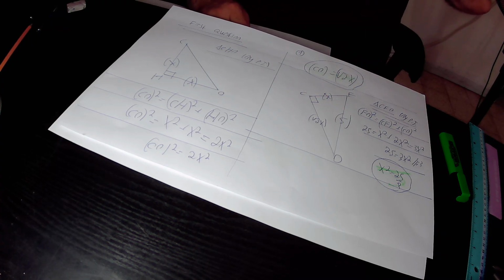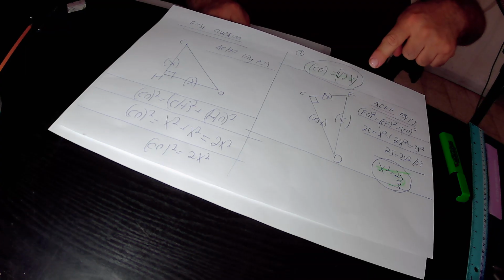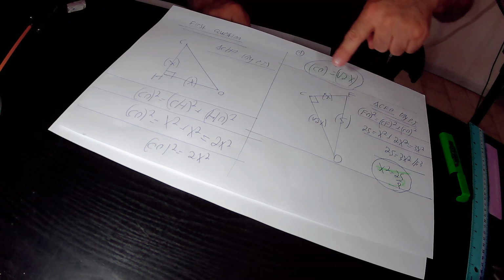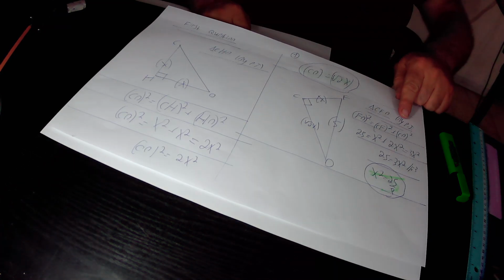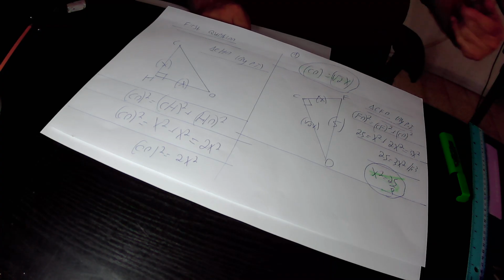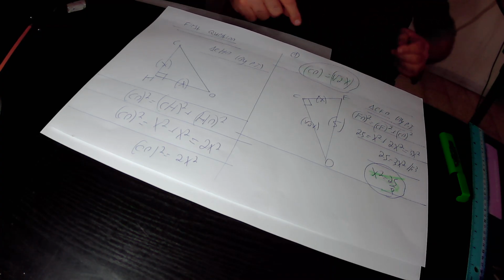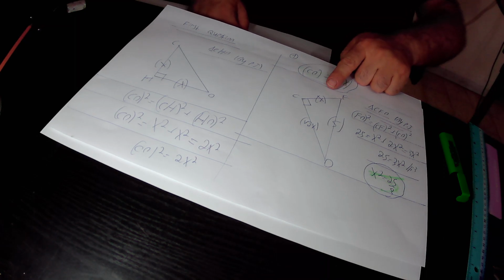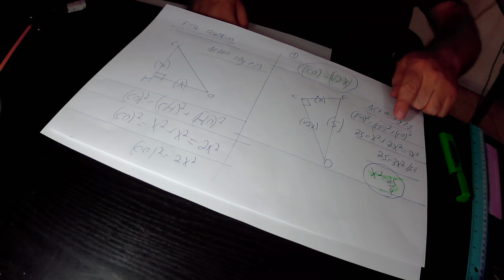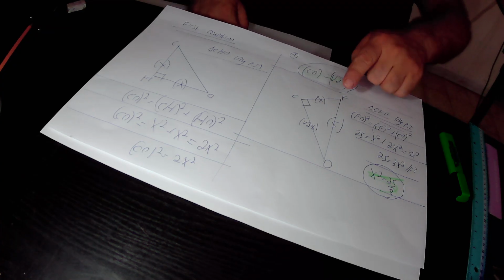According to the Pythagoras theorem, in this right triangle CFO, FO square equals CF square plus CO square. So FO is 5, therefore FO square is 5 squared, that is 25, and it equals CF square. CF is x, therefore CF square is x square, plus CO square.